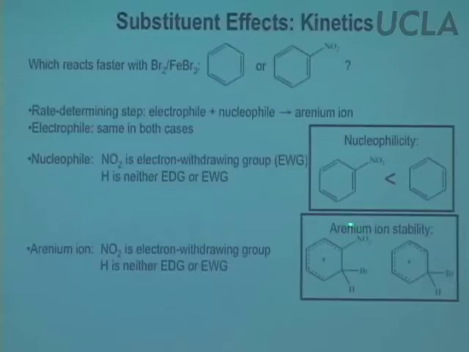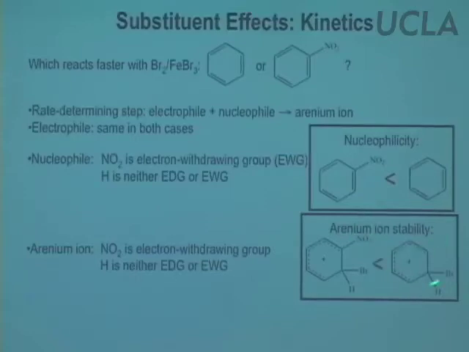So the nitro group is making this carbocation more electron poor through its electron withdrawing effect. So which one of these 2 carbocations is more stable? The one derived from nitrobenzene or the one just derived from benzene? The one just from benzene, because it doesn't have that sucking effect out here, so to speak.